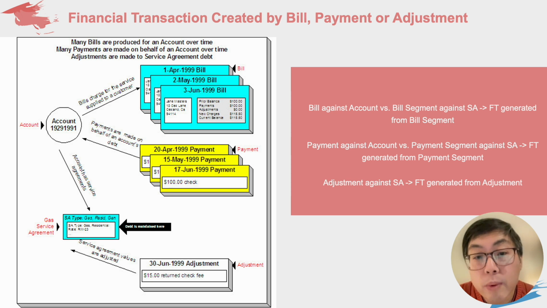However, when we generate a financial transaction from the payment, which is potentially a credit rather than a debit when the bill is credited, the financial transaction is against a payment segment.